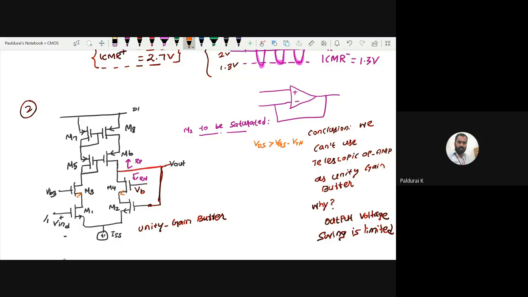VDS means drain with respect to source, right? So VDS is V out, greater than, okay, who is your VGS? This voltage, right? Can I call it VGS2, greater than VGS2 minus VTH.